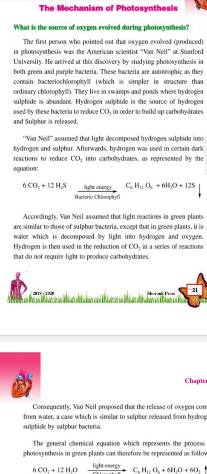So carbon dioxide plus H2S give us carbohydrates plus water plus sulfur. We use it as proof to know that the source of oxygen is not carbon dioxide. The source of oxygen is water.